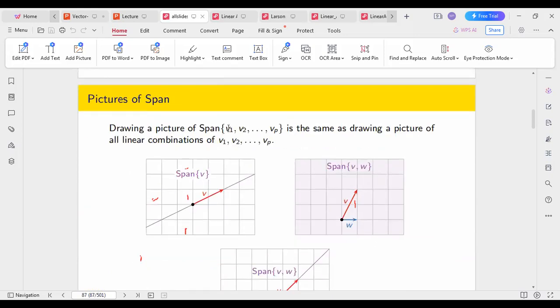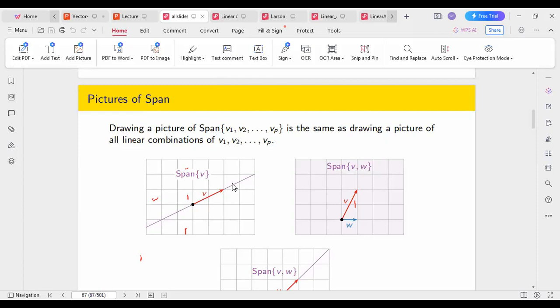Drawing a picture of the span of vectors b1, b2, up to bp is the same as drawing a picture of the linear combinations of these. Suppose b is the vector in the red line. The span of b, all the linear combinations of this vector, is this whole line.